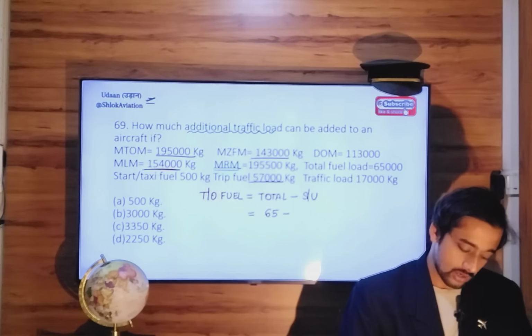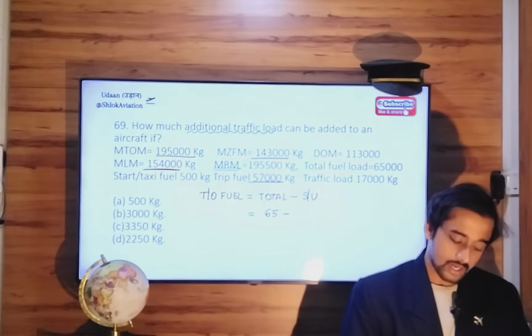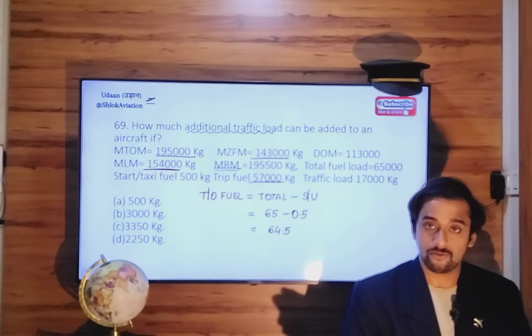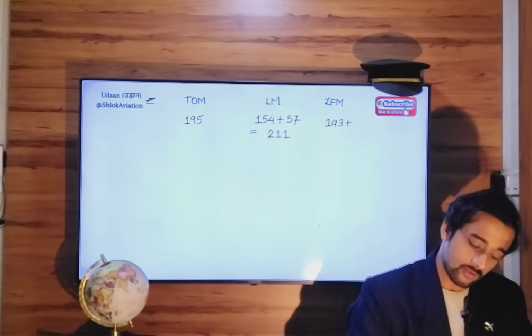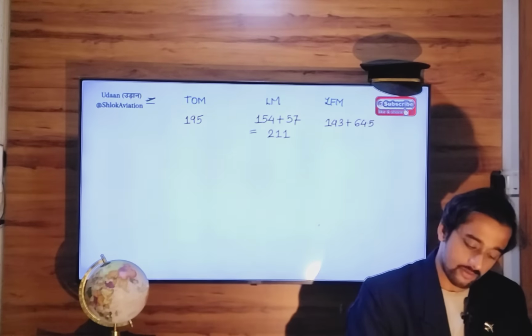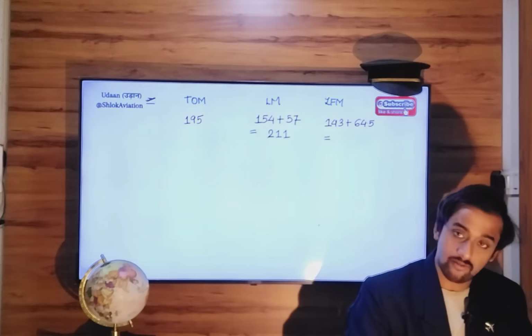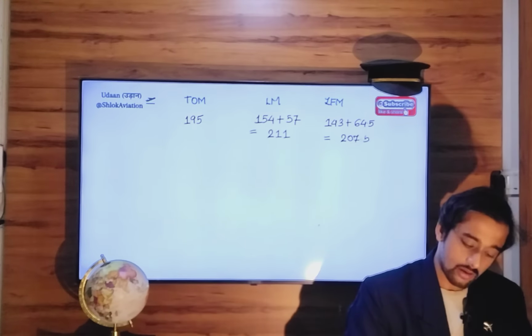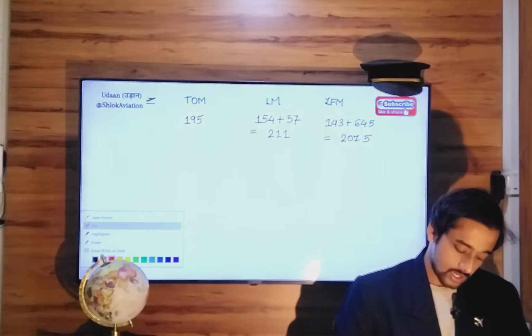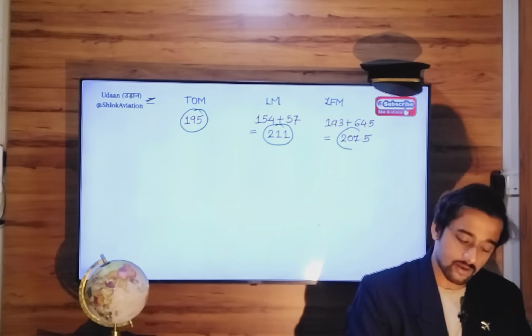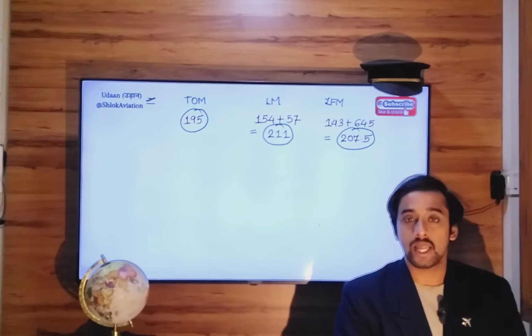Startup and taxi fuel is 500, so 0.5. 65 minus 0.5 is 64.5. So 143 plus 64.5 is equal to 207.5.